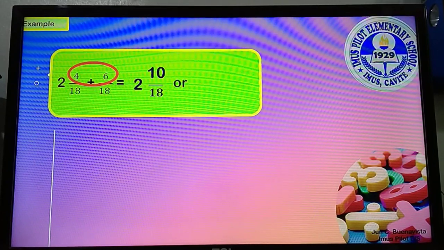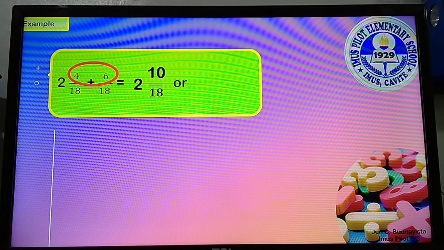Now, your answer is 2 and 10/18. So, 10/18 has a GCF or greatest common factor in that which we can change it to a simplest form. Kasi di ba sinabi ko kanina, always express your answer to lowest term. Yun kasi ang rule ni fraction. Always state it to a simplest form.